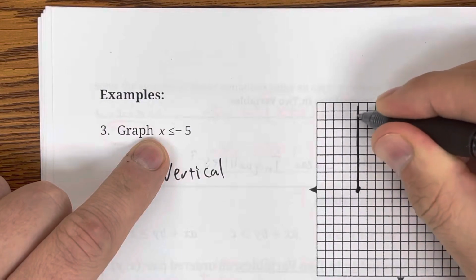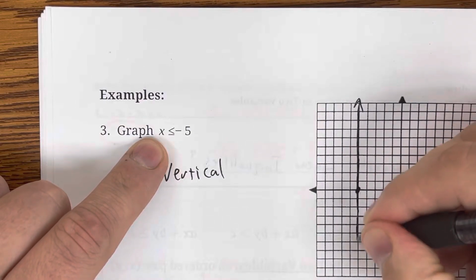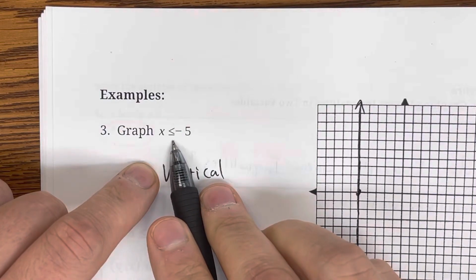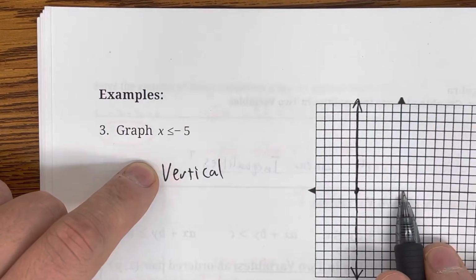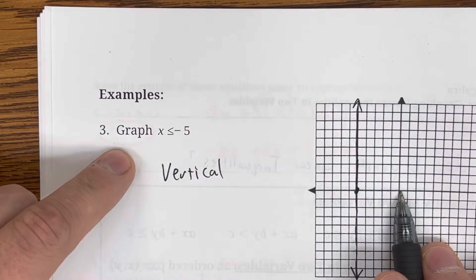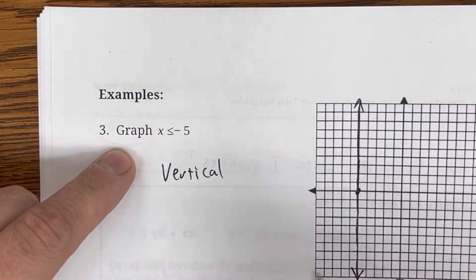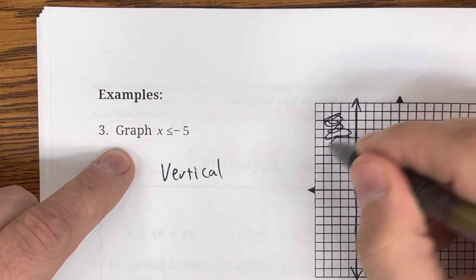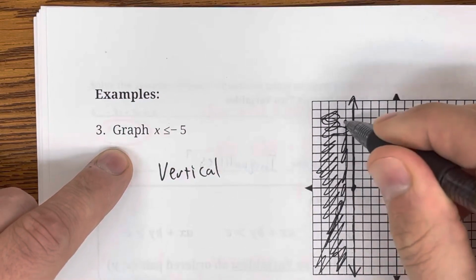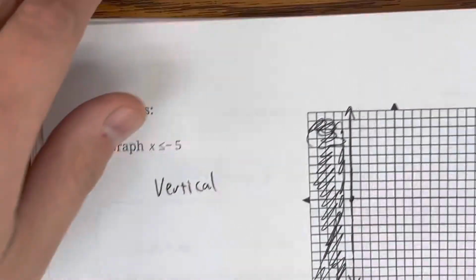And now we have to shade in all of our possible solutions. It says x is less than or equal to -5. If I try the point 0, is 0 less than -5? I would say 0 is not less than -5, so we would have to shade the other way. All these values over here, every single one of these ordered pairs, is a solution to the inequality.